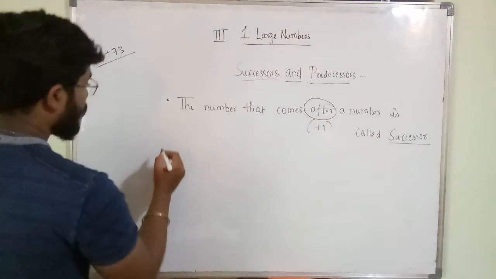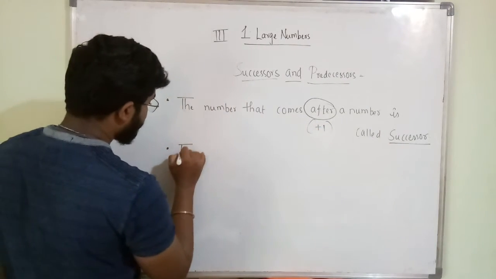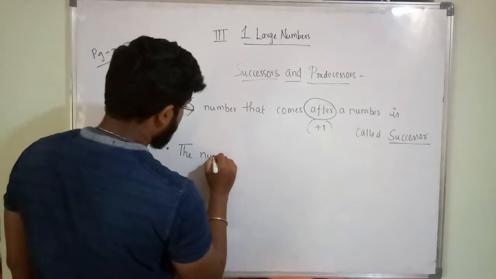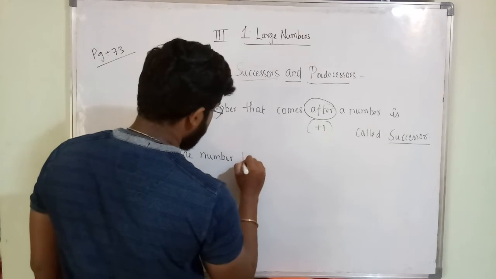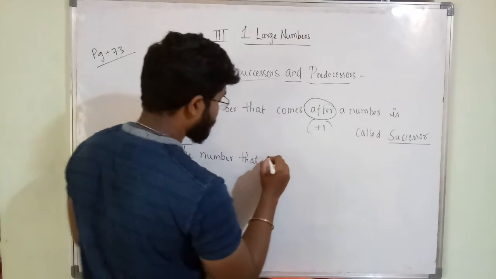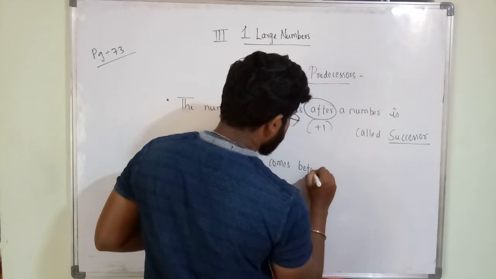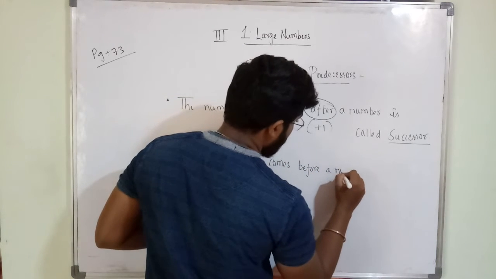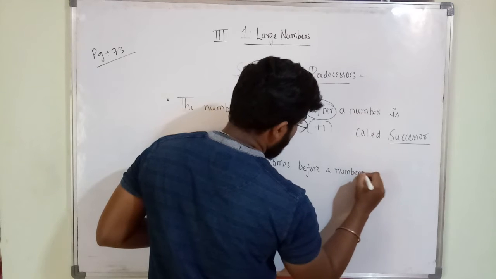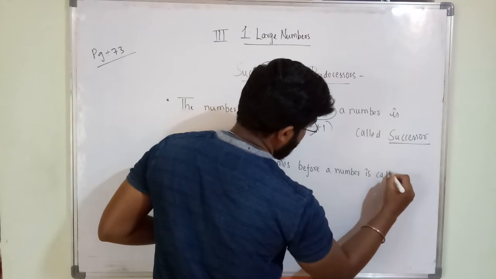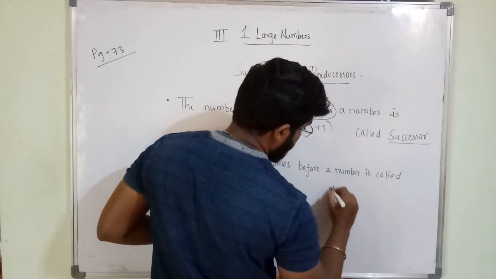The number that comes before a number is called predecessor.